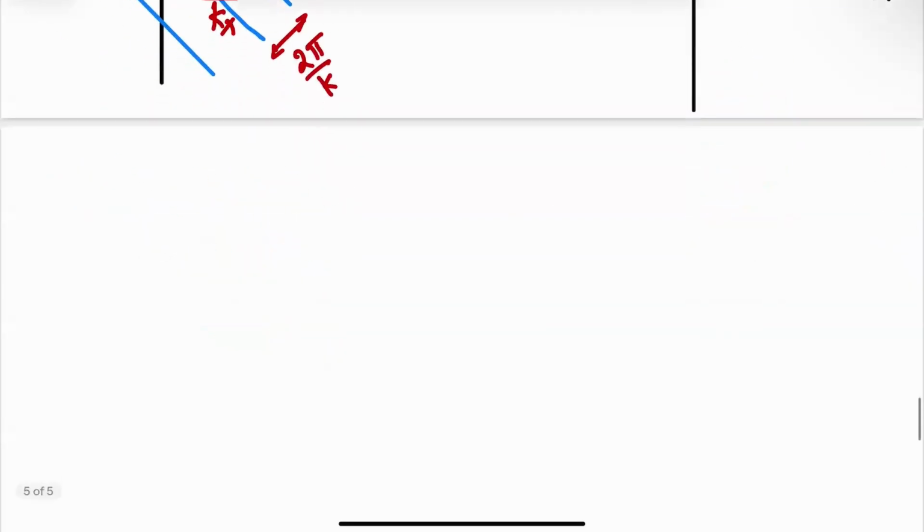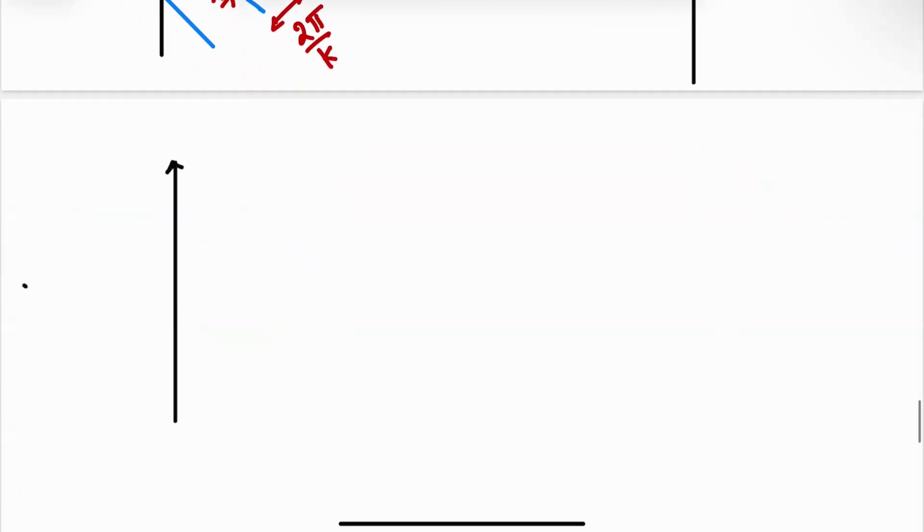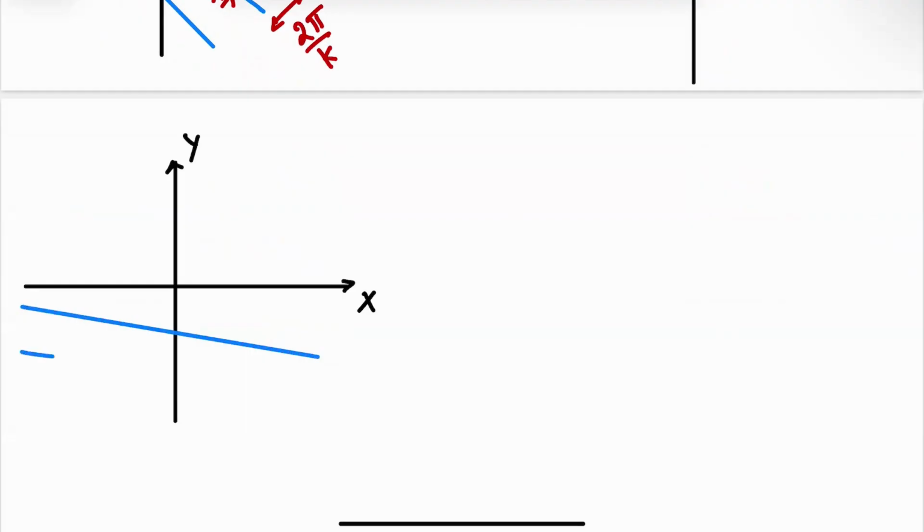So let's take another example. Once again, I'll draw the real space, X and Y. And my plane wave, let's say, is propagating like this, right? At a very steep angle.